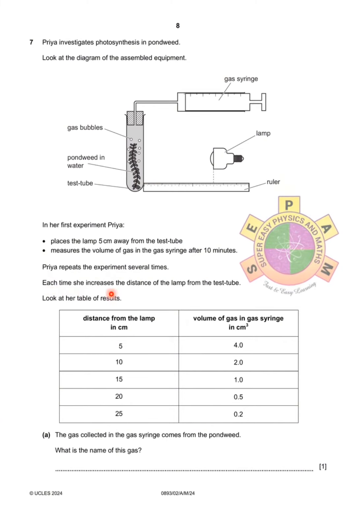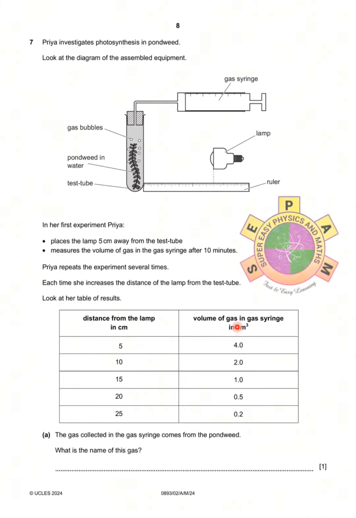Each time she increased the distance of the lamp from the test tube: 5 cm, then 10 cm, 15 cm, 20 cm, and 25 cm. When it was 5 cm, 4 cm cube was collected. When she increased the distance to 10, 2 cm cube was collected. Then at 15 cm, 1 cm cube was collected.